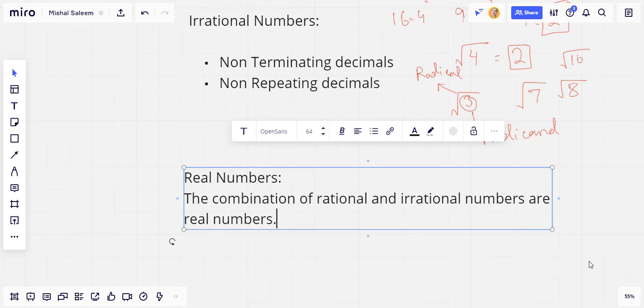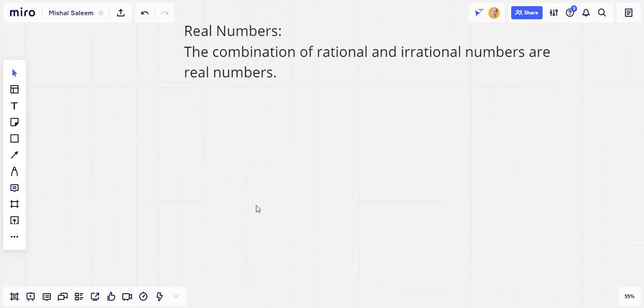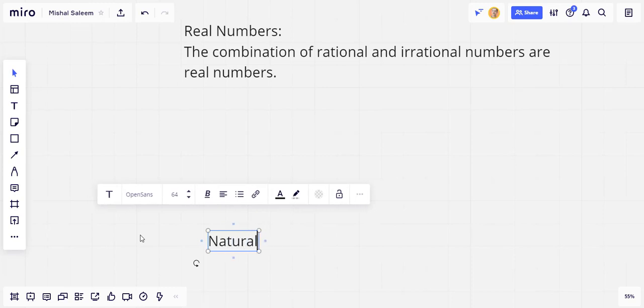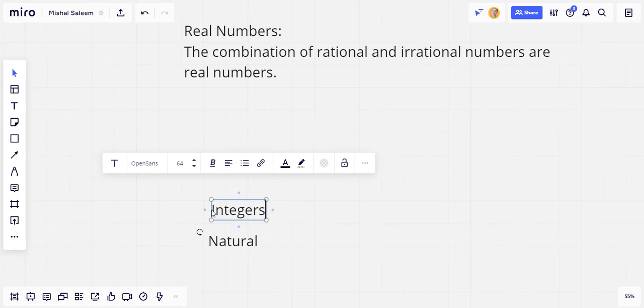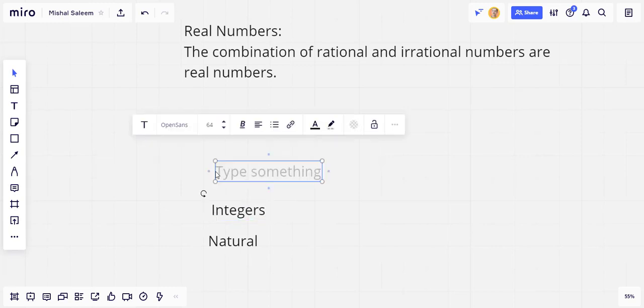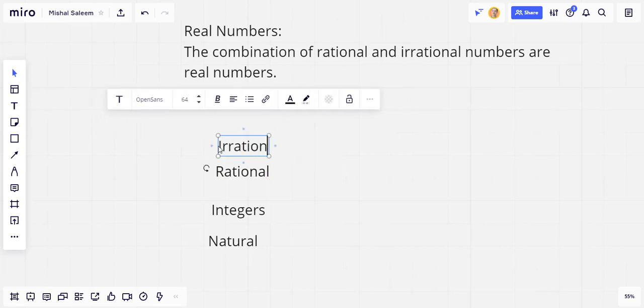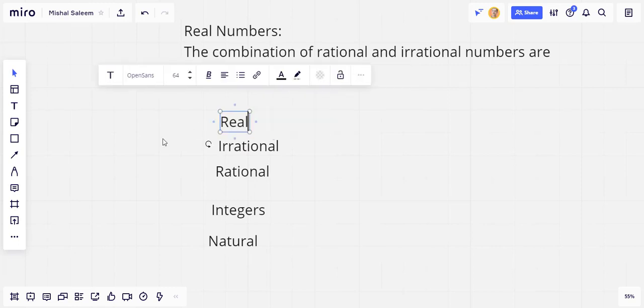That means each and every kind of number is called a real number. If I write them hierarchically, it looks like this: natural numbers, and then integers, and then rational, and then irrational, and then real at the end.